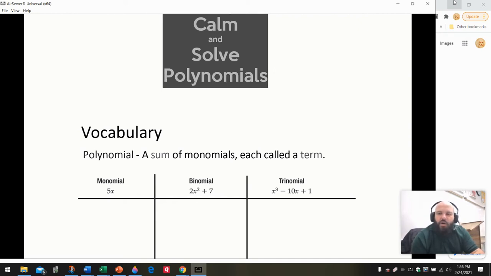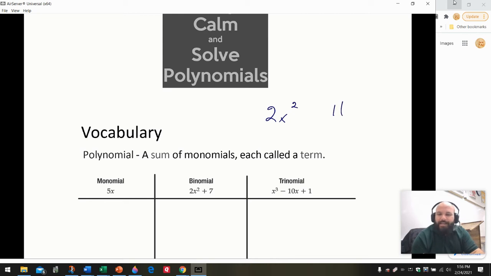And if you recall in the last chapter that we studied, we talked about what a monomial was. And a monomial was a single term. And we had you practice identifying whether something was a monomial or whether it was not. So as an example, a monomial would be like 2x squared.